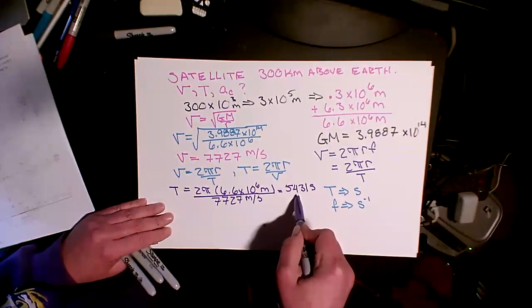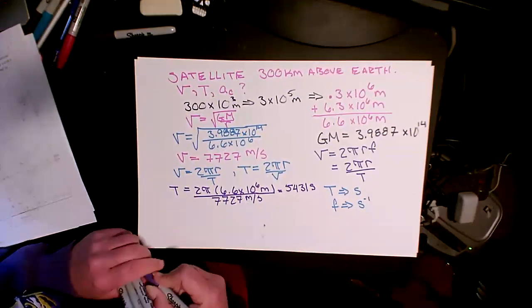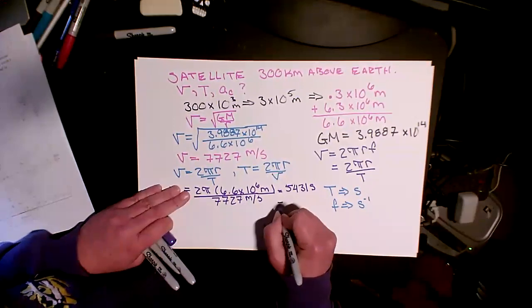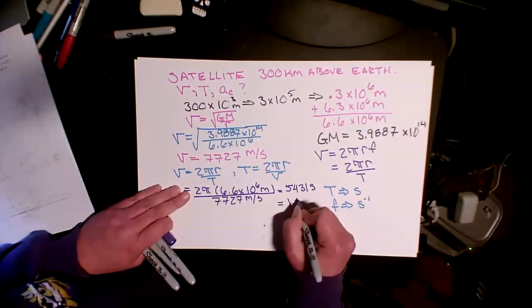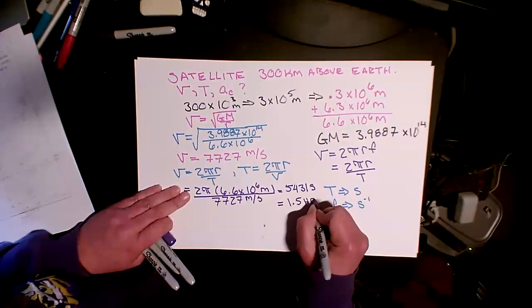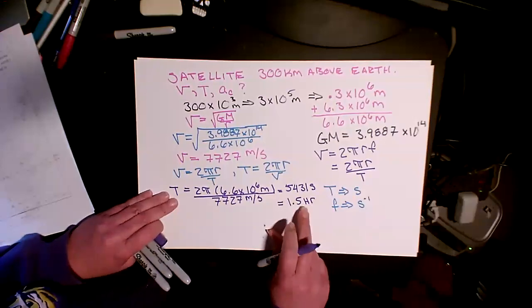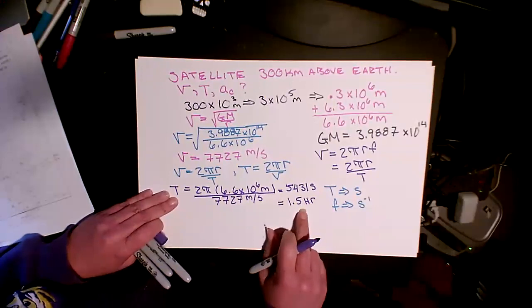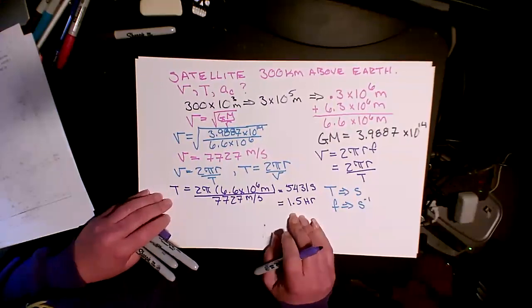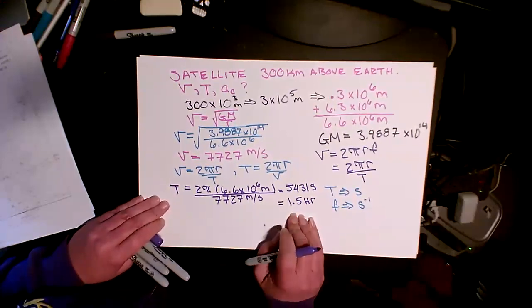That's how long it takes it to make one lap around the Earth. Another way of thinking of this is you can do the conversion, and in 1.5 hours it makes a complete rotation around the Earth. So for those satellites, that should kind of make sense. If you've ever laid outside and looked up at the stars, and then you see something that is high up above, so it's not a plane, but it's definitely up there, and you track it with your eyes, you can see it steadily moving across the sky.